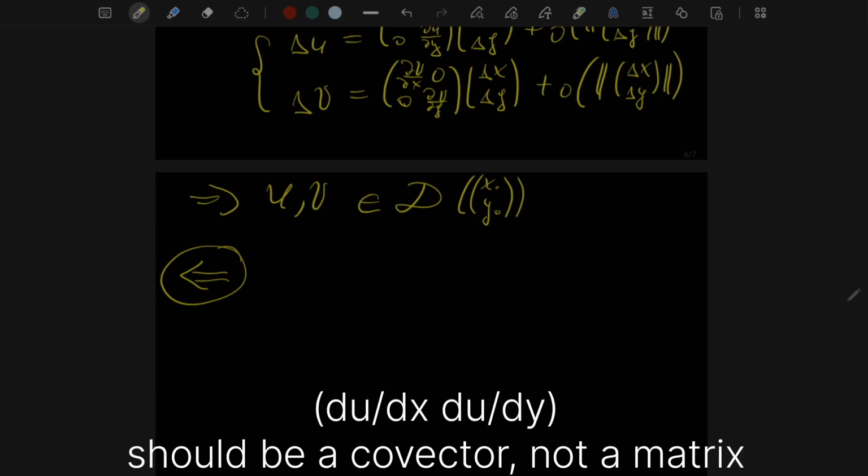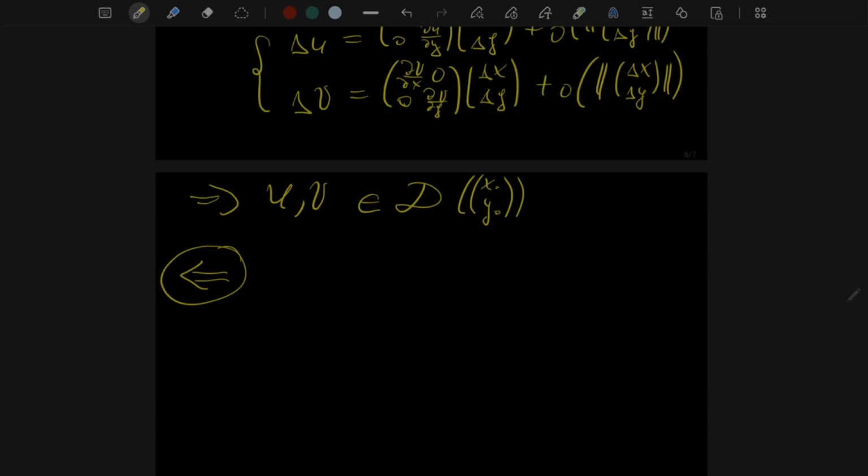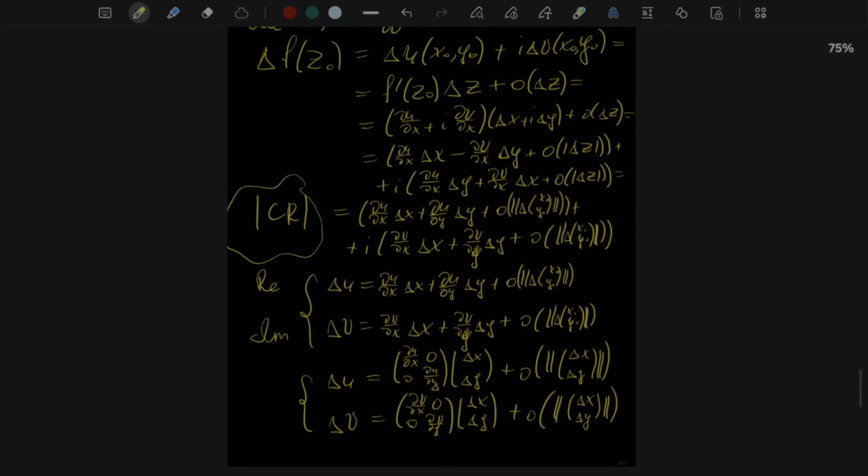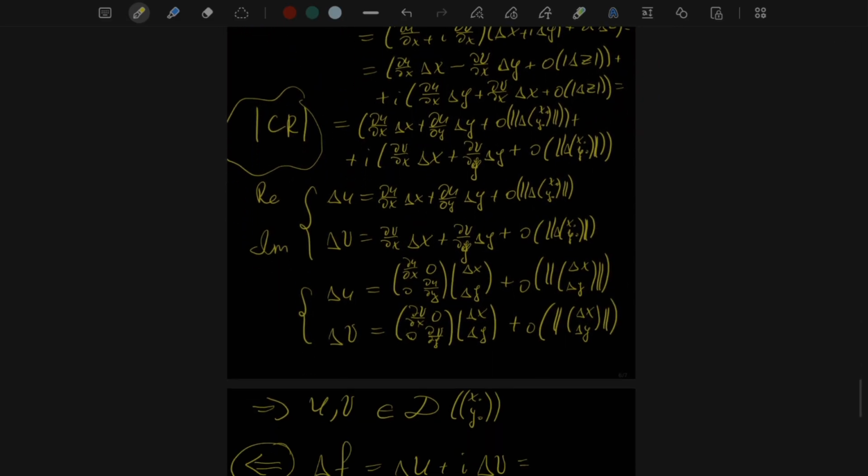Now let's prove it back, that differentiability of u and v plus the Cauchy-Riemann equations mean that the function is differentiable. We can yet again look at delta f. It yet again is delta u plus i delta v by its real and imaginary parts. And now, since u and v are both differentiable, we can rewrite them both as the same. We can go through this process back.